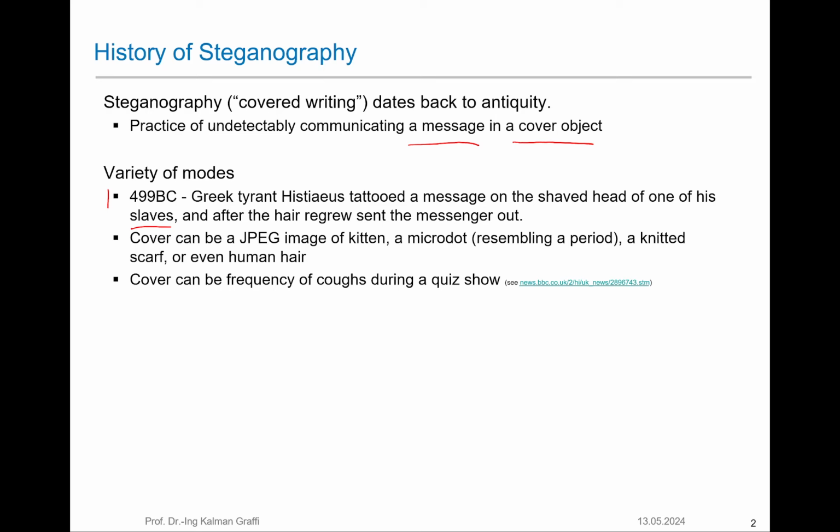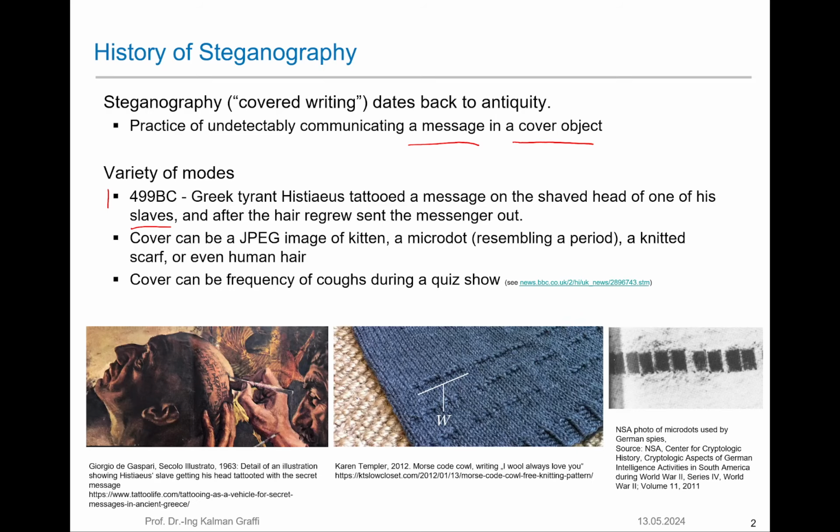So basically what he did, as depicted historically in a painting, is that the back of the head of the slave was tattooed with the message, and then 2 or 3 months passed. They let the time pass so that the hair could regrow, and then the messenger was sent out.